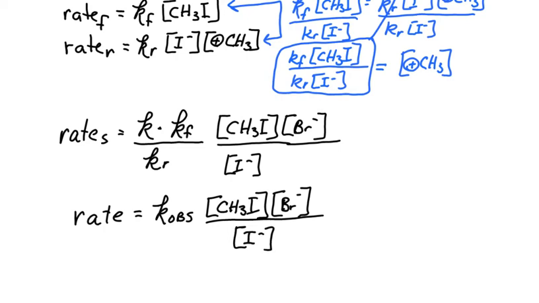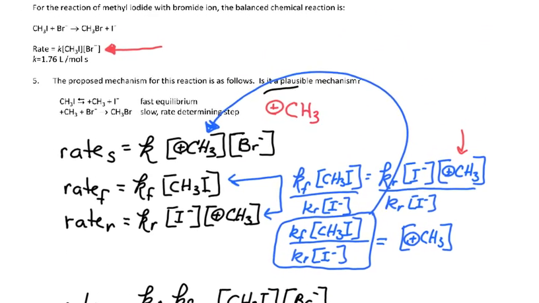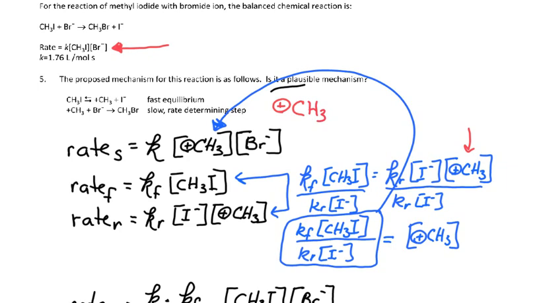This in no way, shape, or form is the same as the rate law, methyl iodide to the first, bromide to the first, that we figured out in the very first one. That is the observed rate law. This is what we would get from the proposed mechanism. So, is this a plausible mechanism? No.